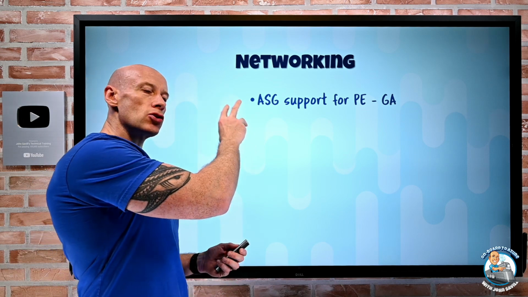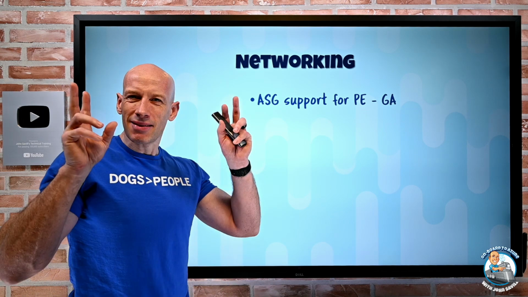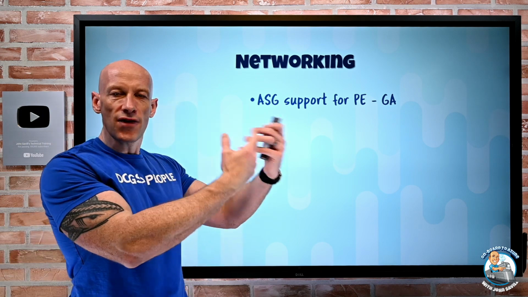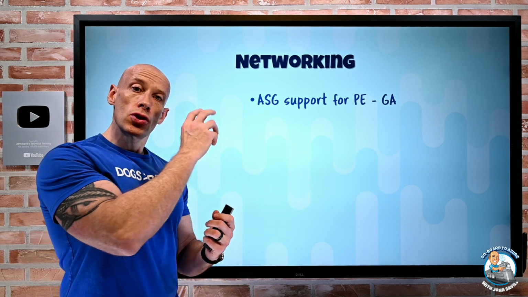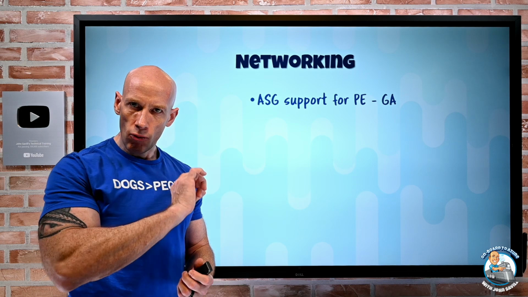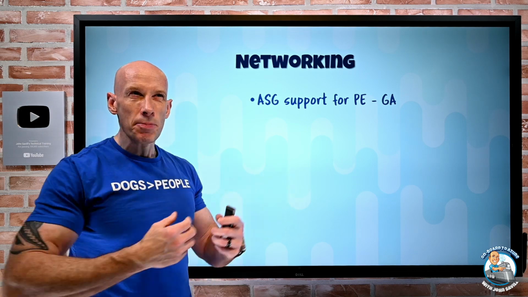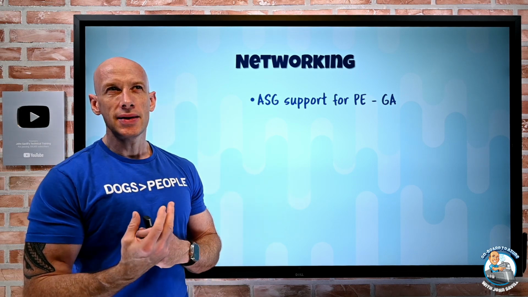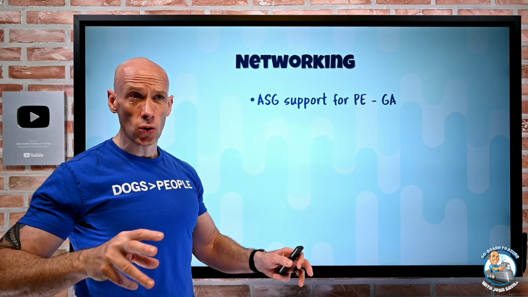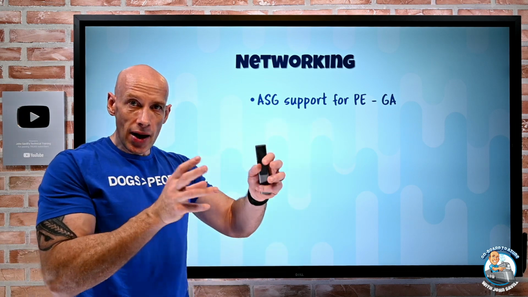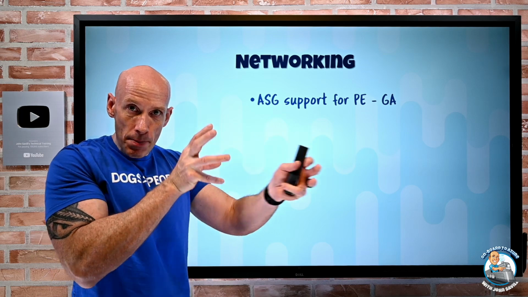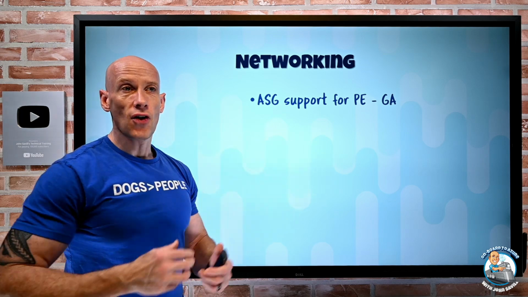What an application security group really is, it's a label, a tag. So I define these, and then I can use those in my network security group rules instead of a CIDR range. This gives me a lot more flexibility in how I might organize my resources, so I don't have to have them aligned to specific subnets or IP blocks where I define my rules.